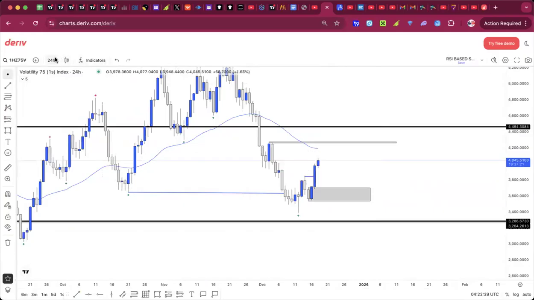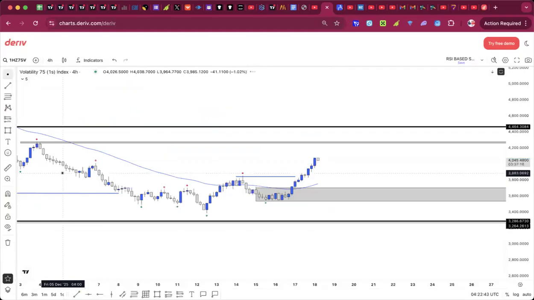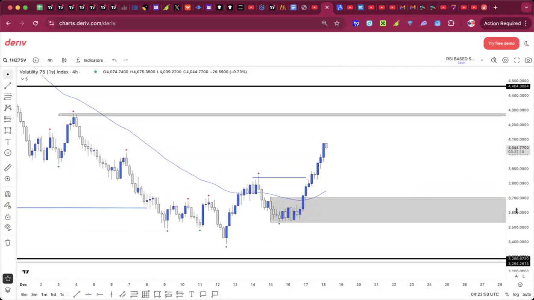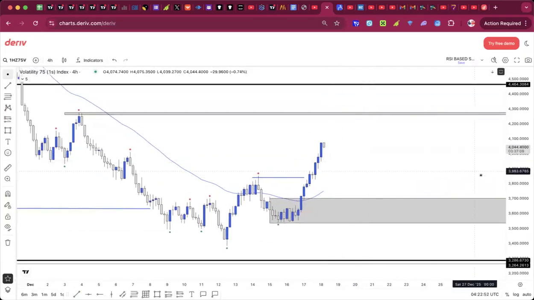So if I go to 4 hours, I think we already have a tweezer up. So that means this is supposed to be pushing back. We already have a tweezer up. Let's look at it.